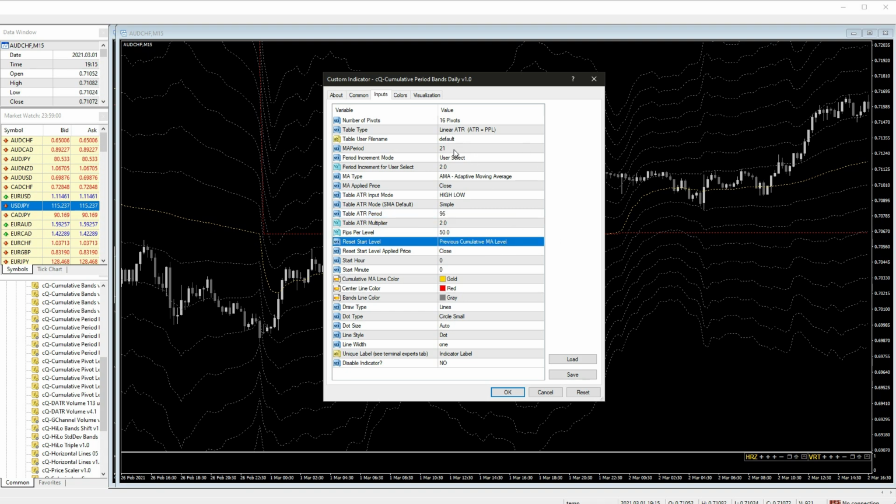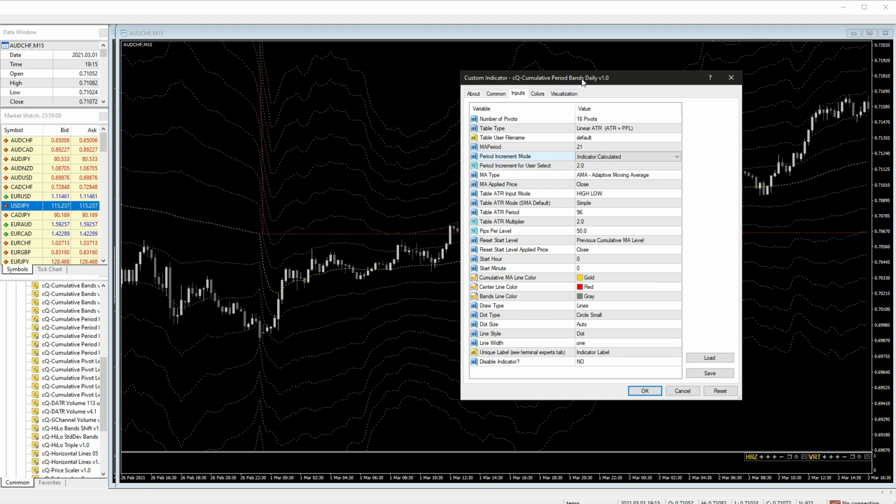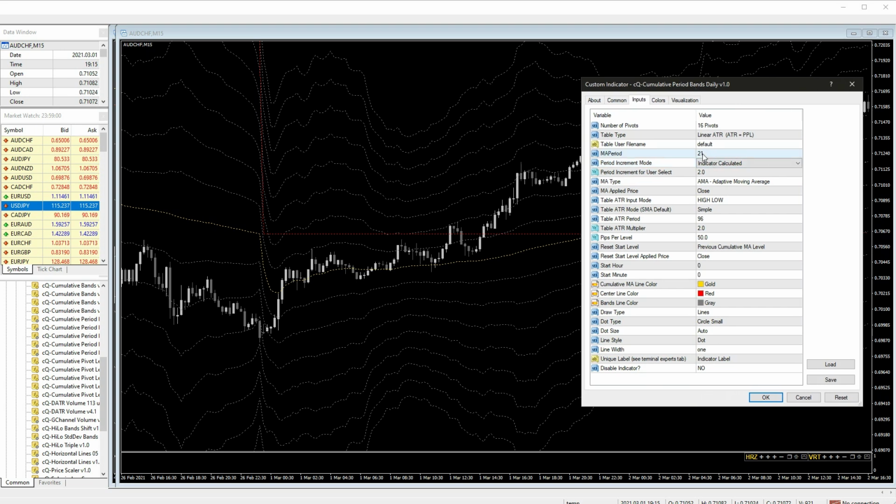I also should mention that there is a period right here, the moving average period. You can set this to indicator calculated, and I've already predetermined the number of candles per period for, say, the daily. It's going to spread this 21.